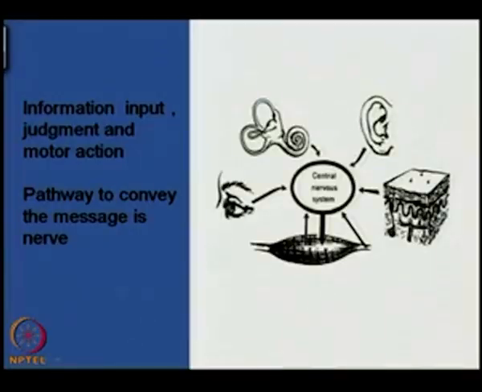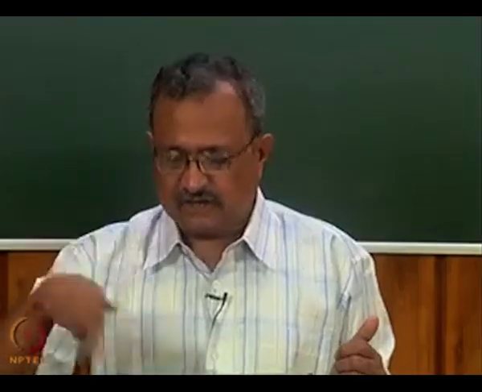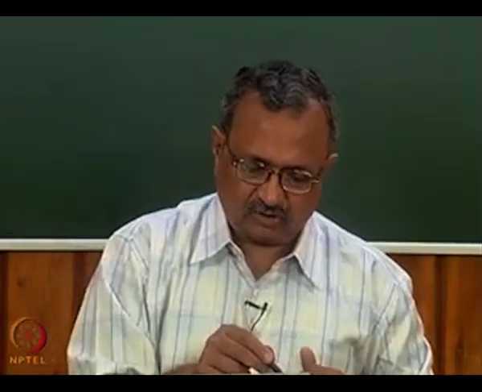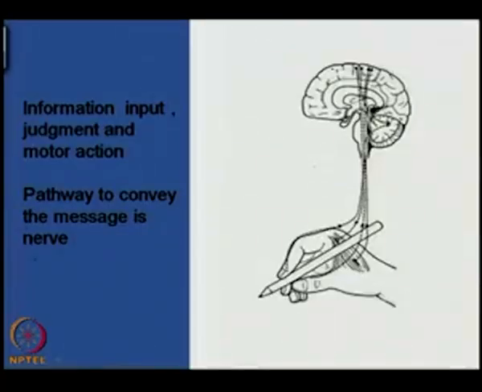So, the pathway from this input entry and judgment done, and it comes to the muscles for motor activity, the pathway to convey the message is the nerve.